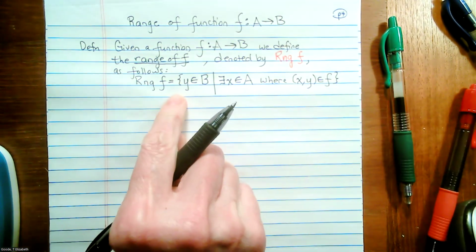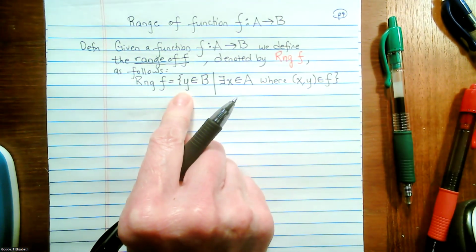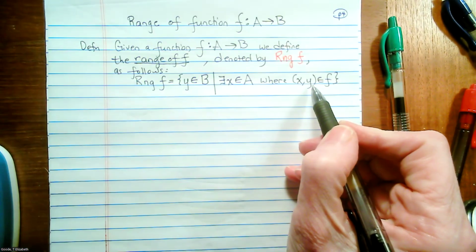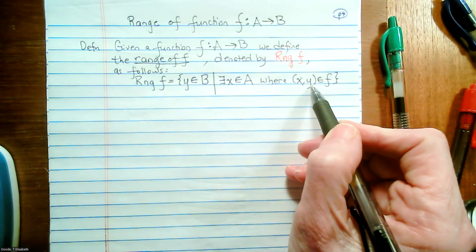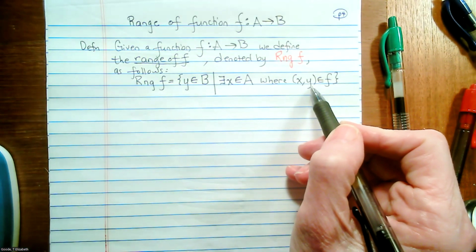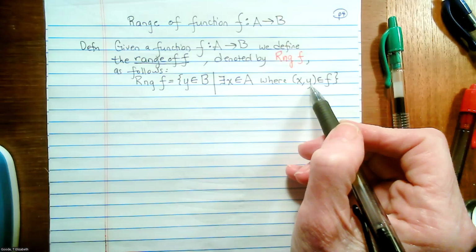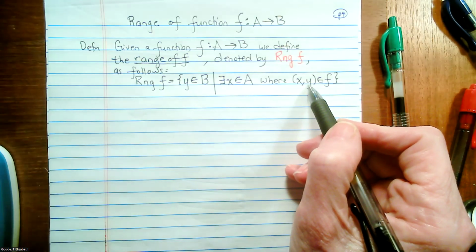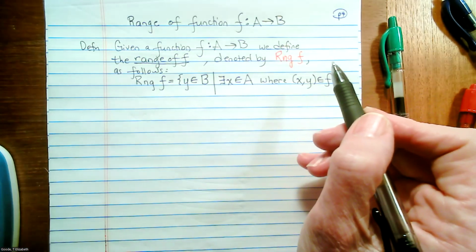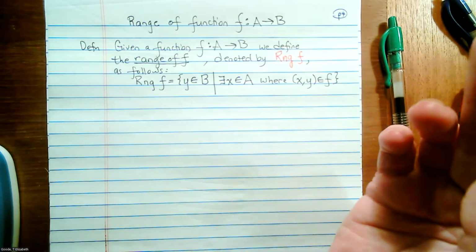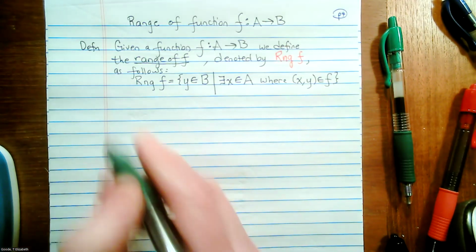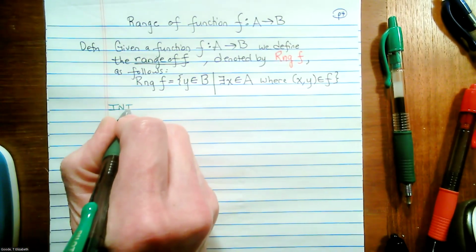In other words, these are the Y's that actually appear as second coordinates if we view the function as a set of ordered pairs. If we view the function with an arrow diagram, these would be the elements, little y, over in the codomain that actually get hit by an arrow. So here's our intuition.